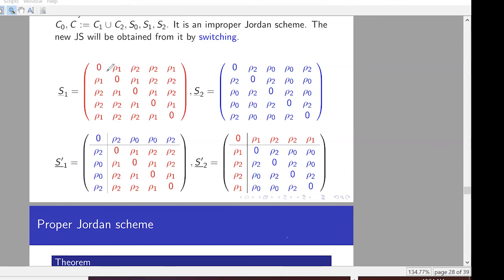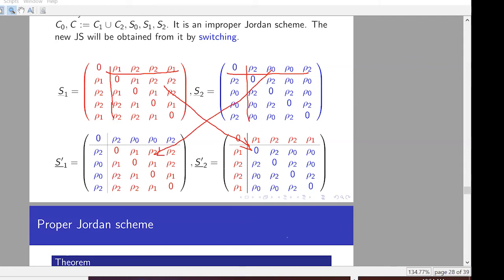So I take this one, and it goes here. And then I take this part of the matrix, and it goes there. This is the switching.